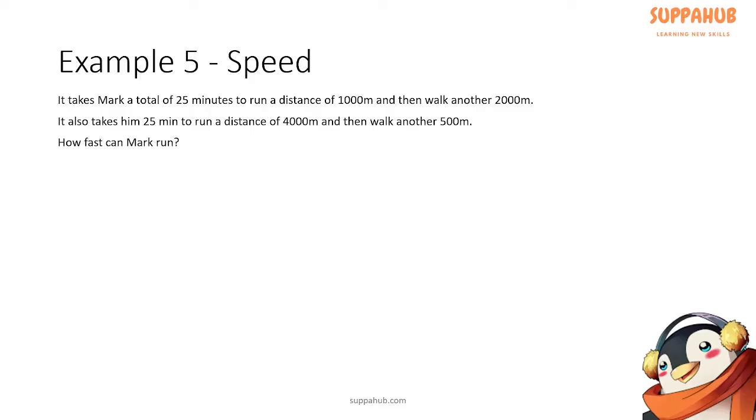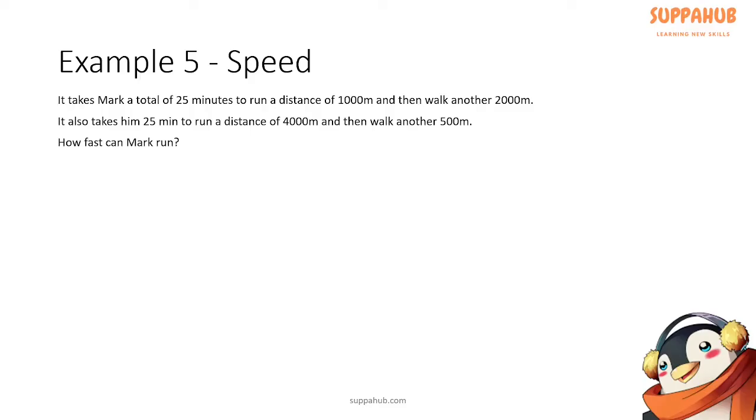Take a minute to think about this problem. You can pause the video, and if you want, you can write the equation. If not, let's continue. Firstly, you can see that you're asking for speed. How is speed usually expressed?